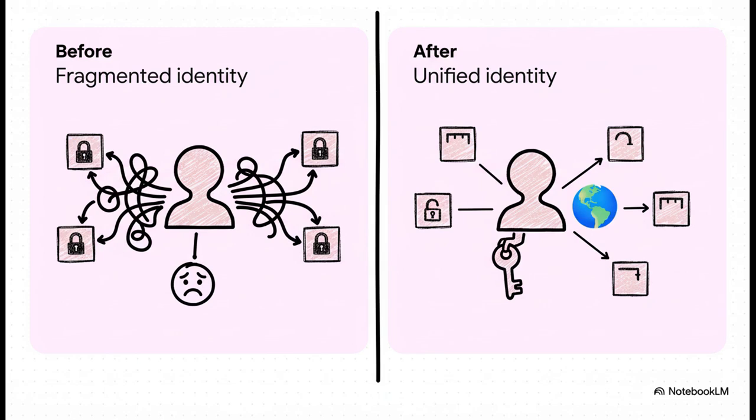And when you see it side by side, the difference is night and day. Before, we had all these fragmented identities, that constant sign-up friction, which led to all these walled-off, siloed user bases. But with UIID, you get one unified identity. One single login for everything, zero friction, and, this is the massive part for anyone building something, your app gets access to an instantly global user base.